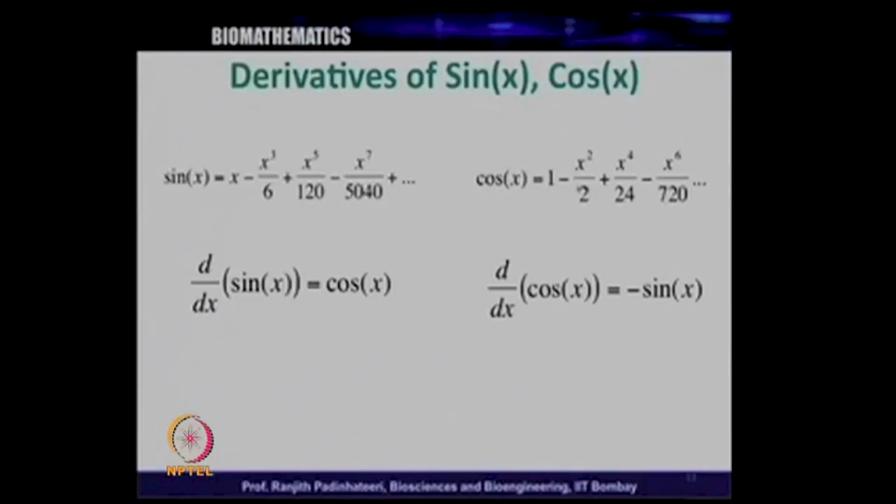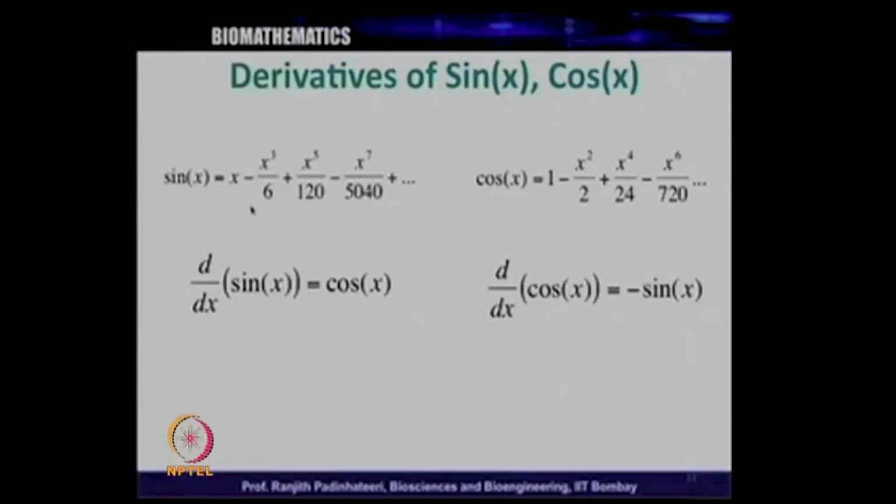And cos x is 1 minus x square by 2 plus x power 4 by 24 minus x power 6 by 720 and so on and so forth. And it turns out that the derivative of sin x is nothing but cos x, and derivative of cos x is minus sin x.